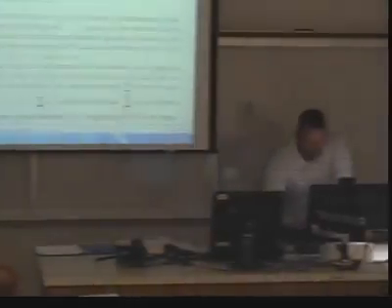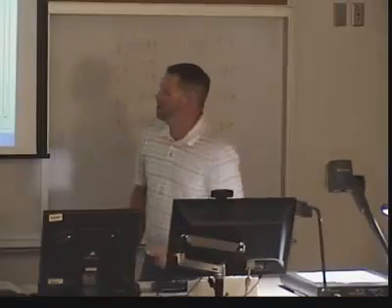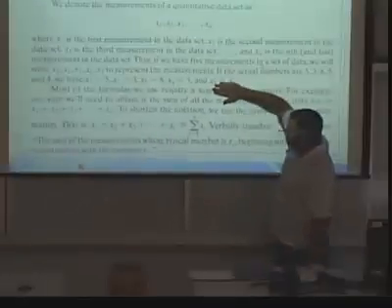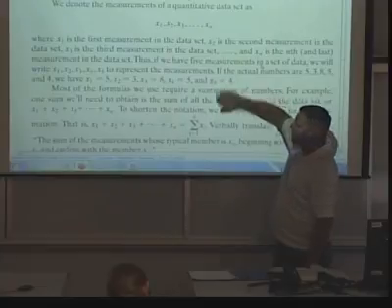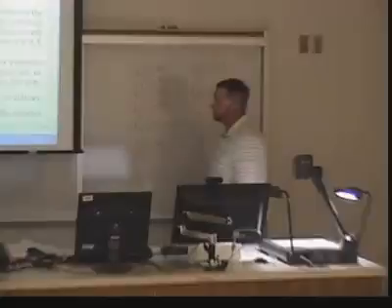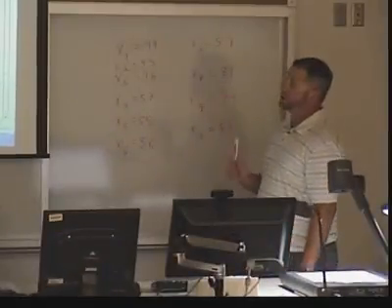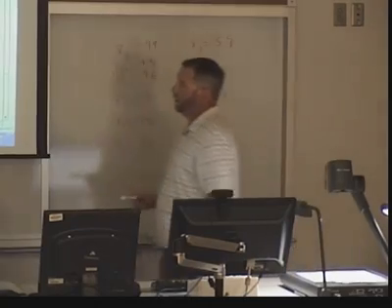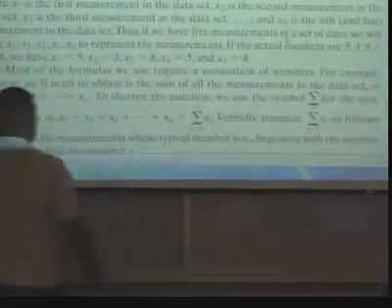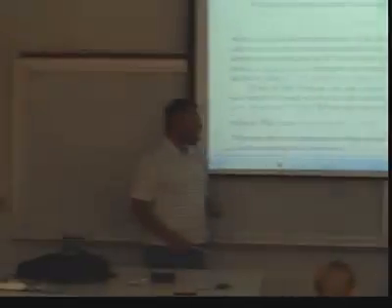Most of the formulas we use require a summation of numbers. What is the root word of that? Sum, which means to add stuff together. For example, one sum we'll need to obtain is the sum of all measurements in the data set, or X sub 1 plus X sub 2 plus X sub 3, all the way up to X sub n.